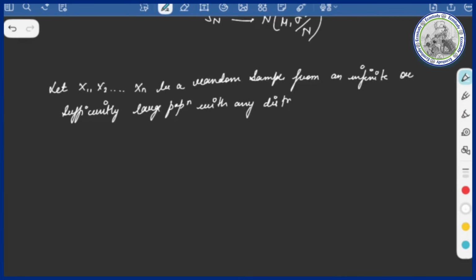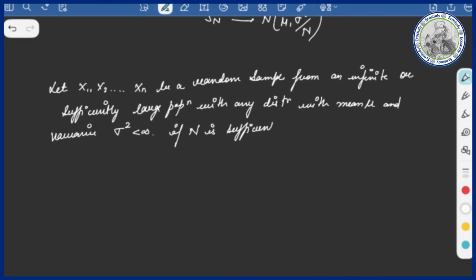It doesn't matter which distribution it follows; it can be binomial, gamma, Poisson, uniform, any distribution with mean mu and variance sigma square less than infinity, if n is sufficiently large.